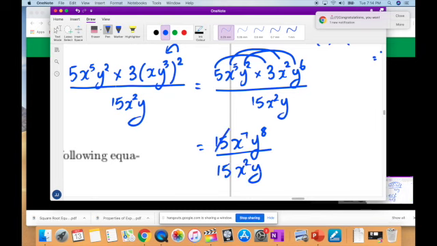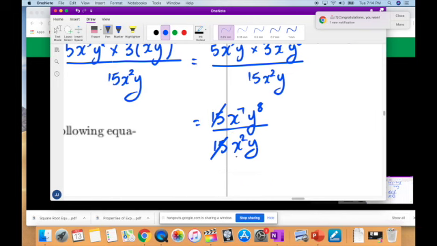And of course the 15s will cancel. This y will cancel with one of these, so I'll have y to the 7, right? And 2 x's will cancel from x to the 7, so I'll have x to the 5th, y to the 7. That is your answer.